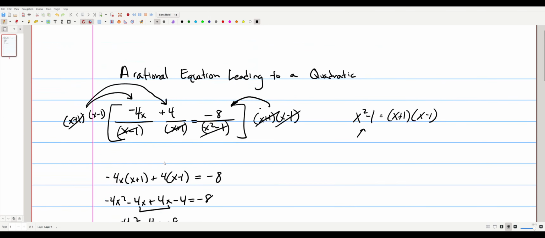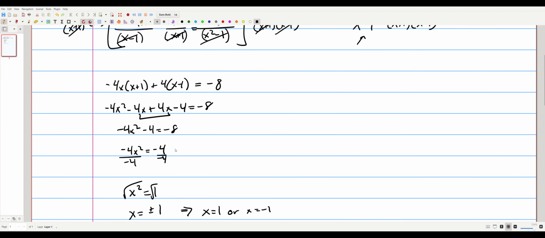But if we go back to our original equation, which I'll rewrite here, if we plug 1 or negative 1 in, what are we going to get?